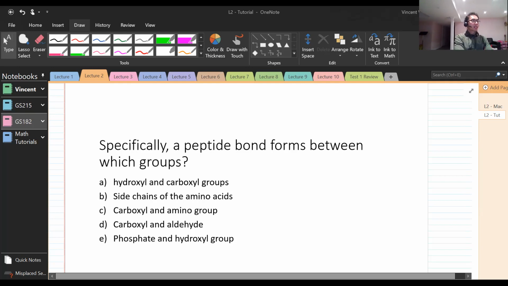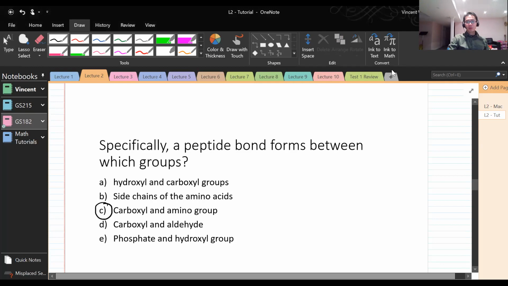Okay, a couple more seconds just to log in a few more responses. Okay, well, the correct answer is carboxyl and amino group.